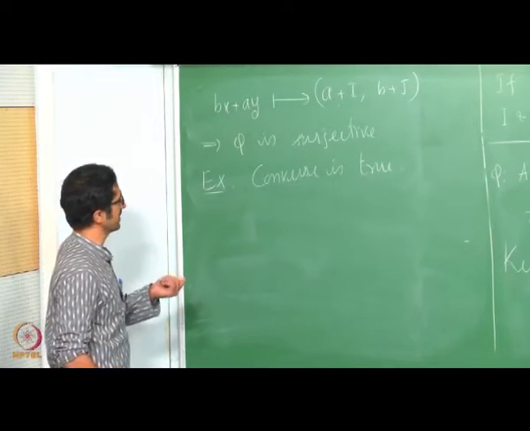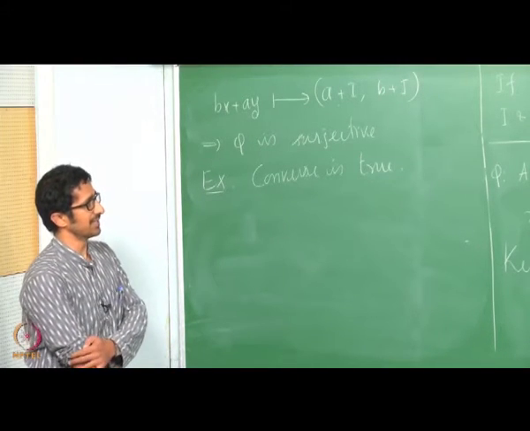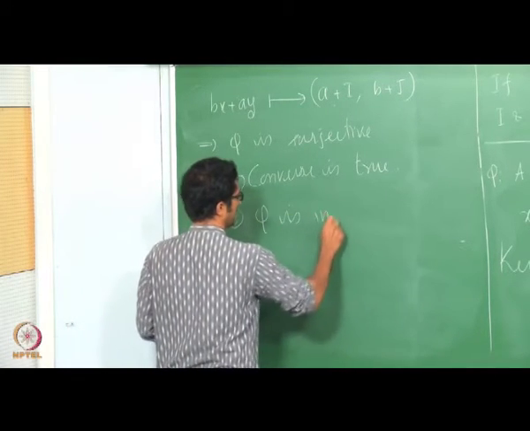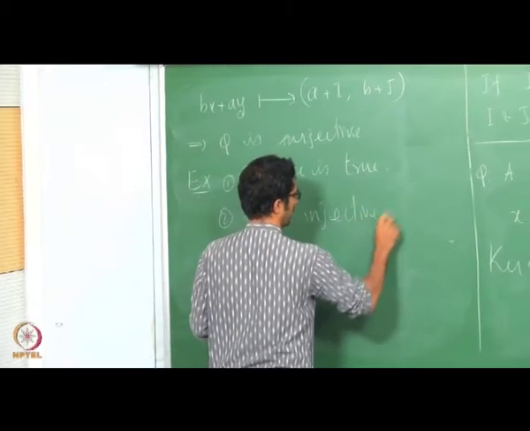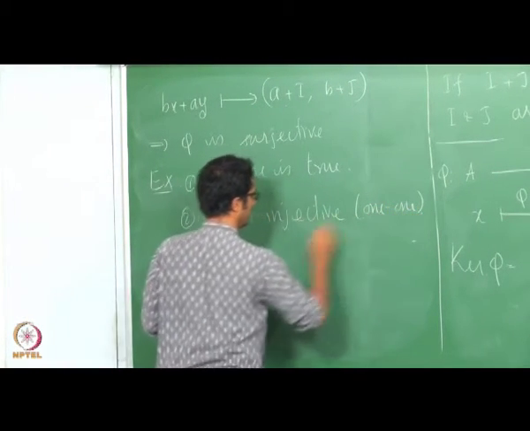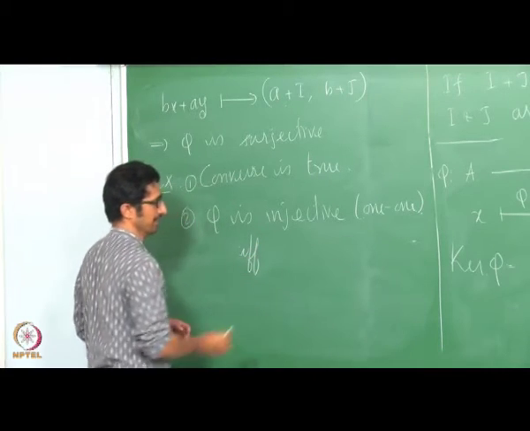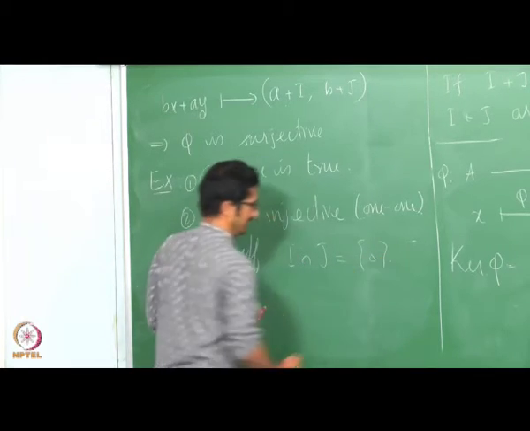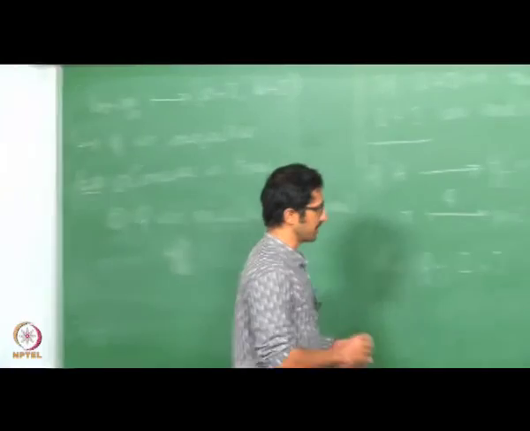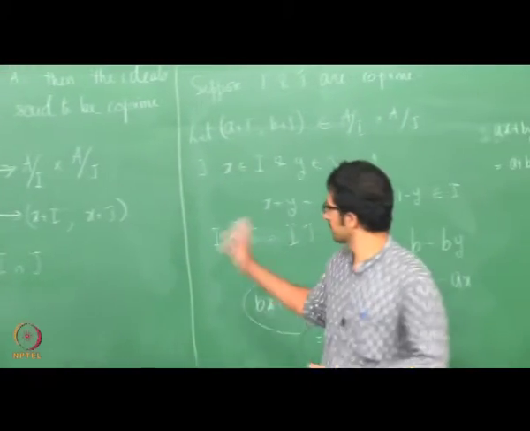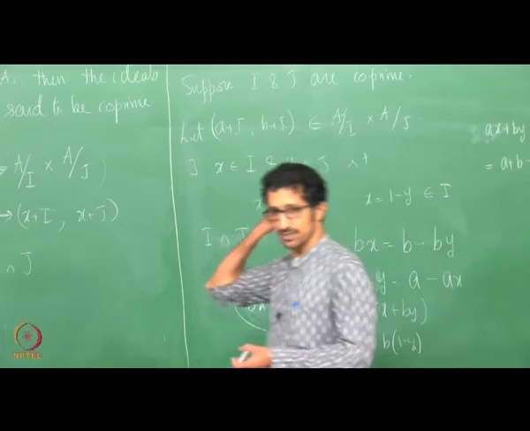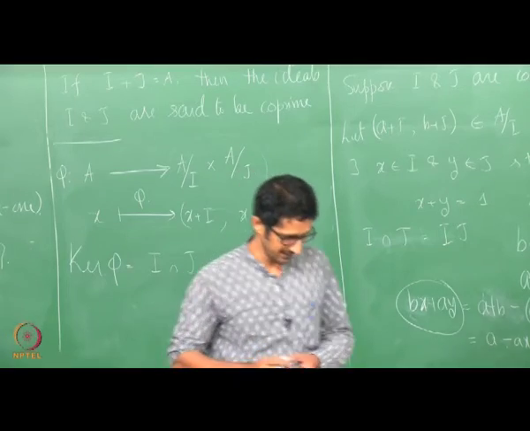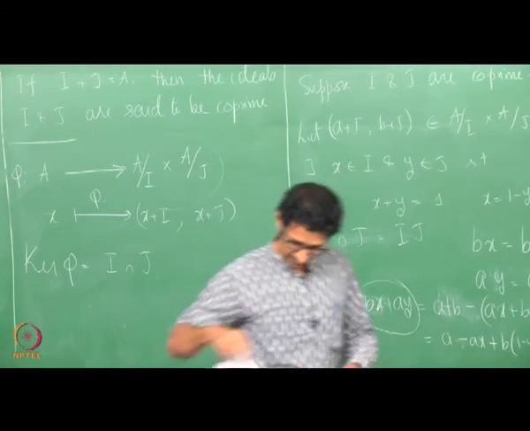That is, if phi is surjective, then I and j are co-prime, and phi is injective if and only if I intersection j is 0. We have done this for 2 ideals, but this can be done for n ideals, finitely many ideals. Okay. We will continue tomorrow.